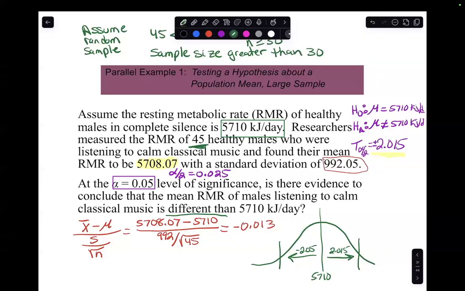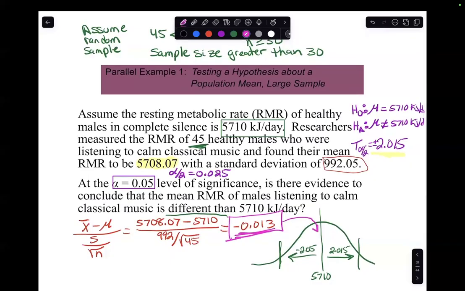It goes all the way out to these lines. It's clear that my test statistic right there is barely below. It's right here, barely below that mean. It is inside the safe region. It is inside the confidence interval. Therefore, I'm going to fail to reject.